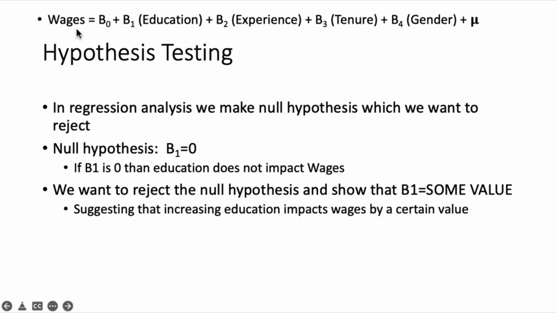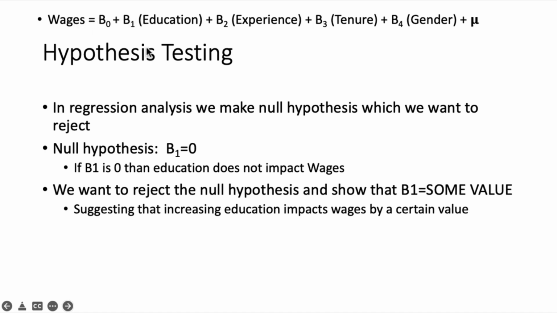So if you look at this equation where you have beta naught, beta 1, beta 2, beta 3, beta 4 along with some parameters, if beta 1 is 0, then 0 times education means that education does not have an impact on wages. But if beta 1 is not equal to 0, then education times this would impact wages.